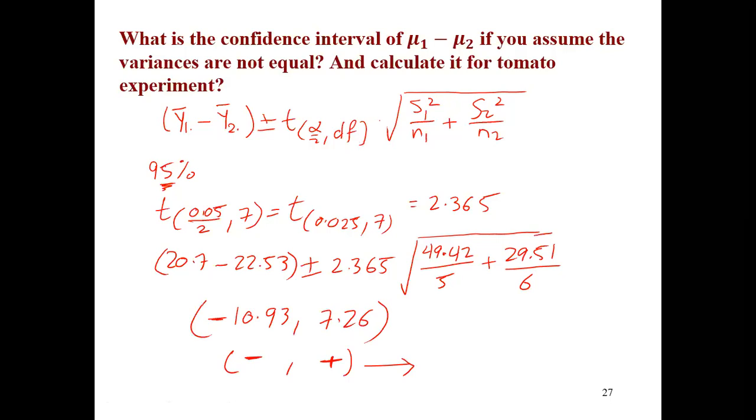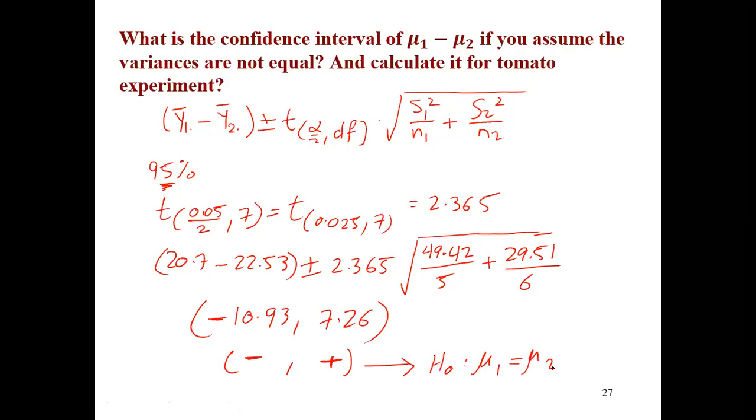Do you fail to reject H0 or reject H0? We fail to reject H0. Very good. So we conclude that we fail to reject H0, which means mu1 equals mu2.